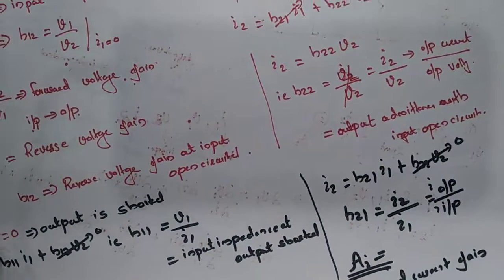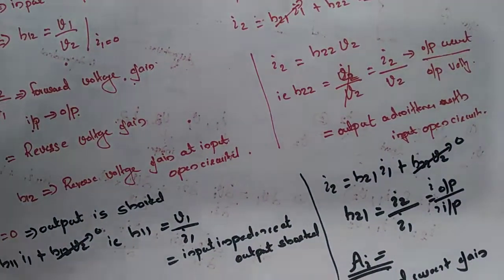So we have studied the 4 H parameters. Shall I summarize it?